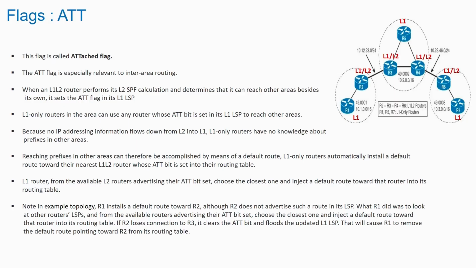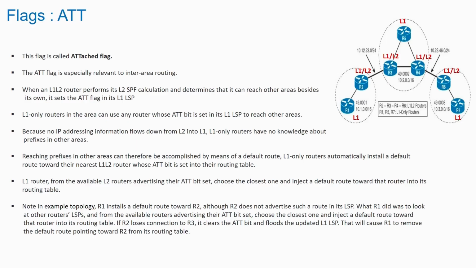By default, there is no prefix propagation from level 2 into level 1, and that is the reason the L1-only routers have no knowledge about prefixes in other areas. So reaching prefixes in other areas can therefore be accomplished by means of the default route.